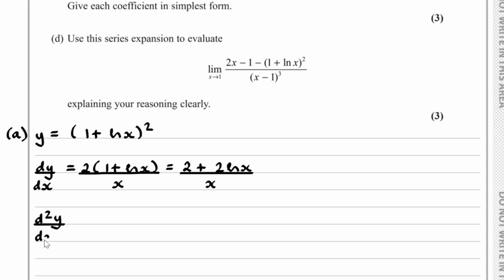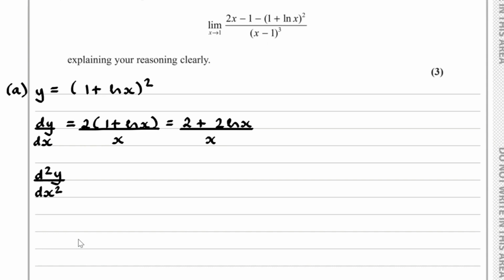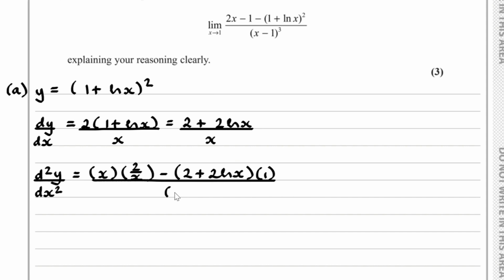d squared y over dx squared using the quotient rule, where u is 2 plus 2 natural log x and v is x, we've got v times by u dash, which is 2 over x, minus u, which is 2 plus 2 times by the natural log of x, times by v dash, which is 1, and then we divide this by v squared, so we divide by x squared.